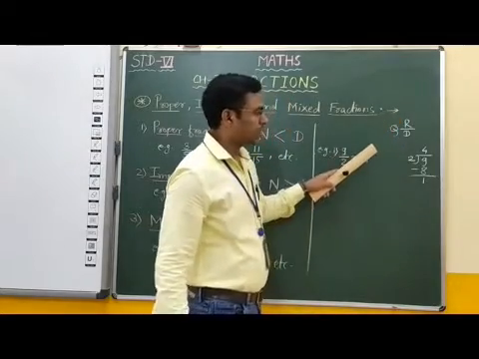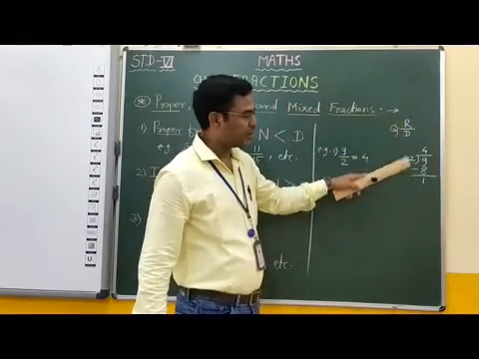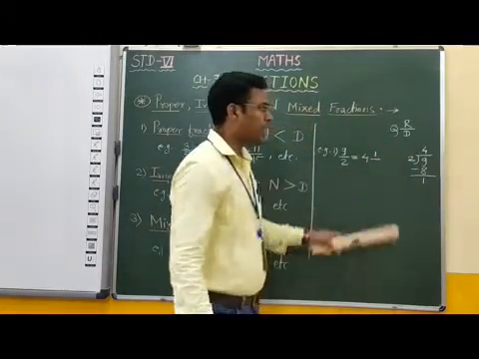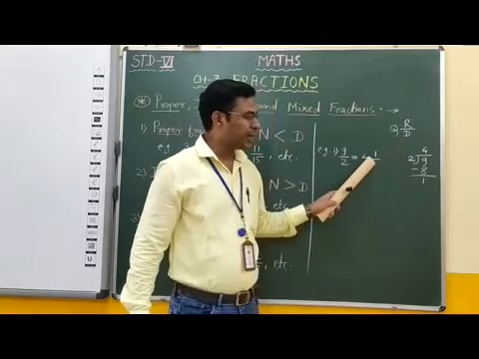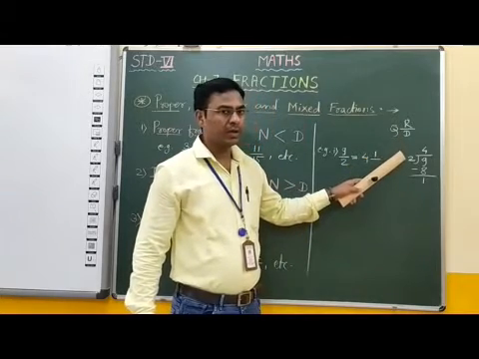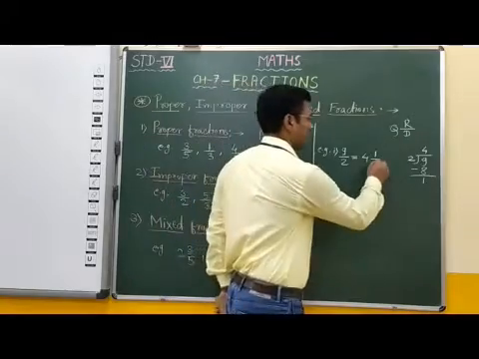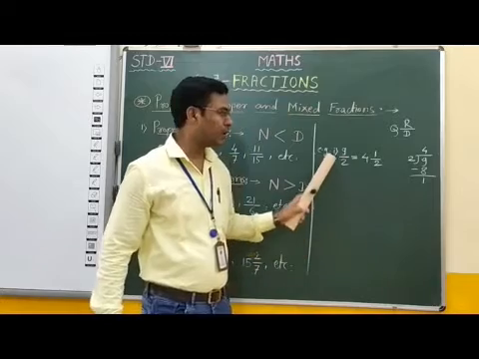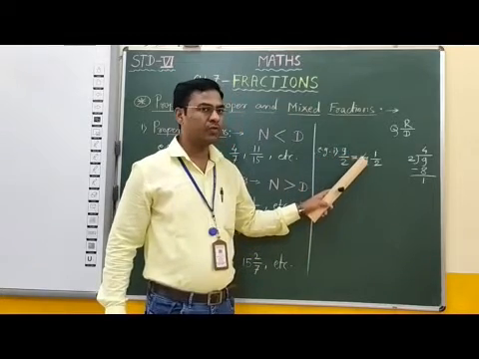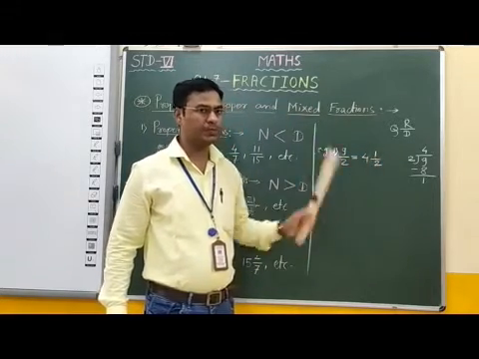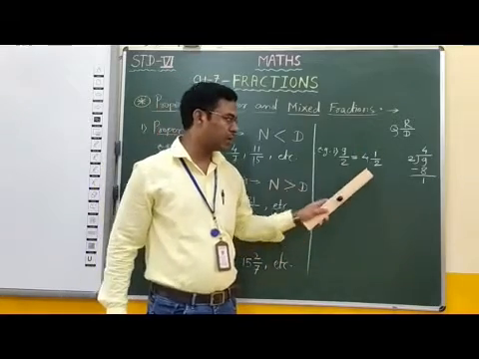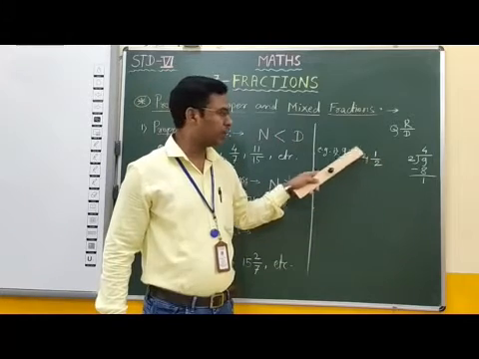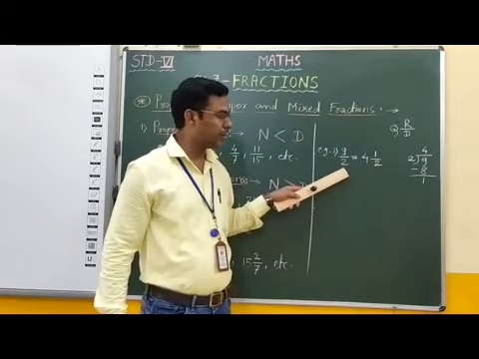The numerator is the remainder. Here the remainder is 1, so in the numerator we write 1, and the denominator is the divisor, so here we write 2. Quotient, remainder, divisor. Therefore, 9 by 2 is equal to 4 1 by 2. If you check our answer, 2 fours are 8, 8 plus 1 is 9. Therefore, the numerator is 9 and the denominator is the same.